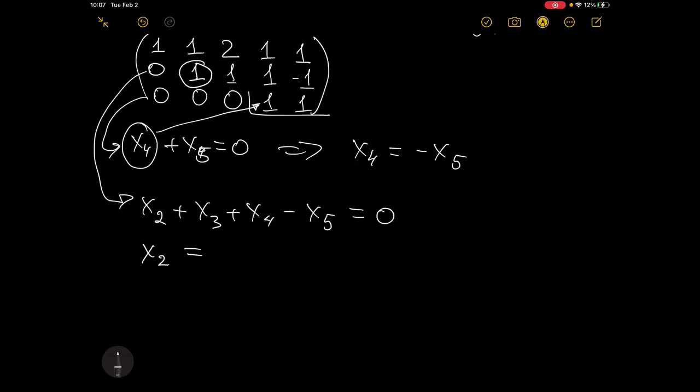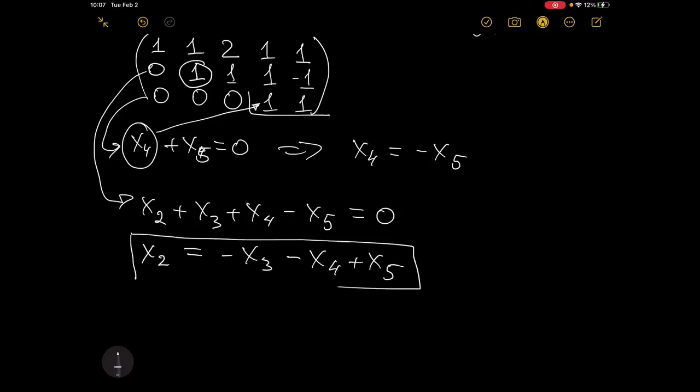Can I ask a question? Maybe it's a little too soon. But we said that x4 is equal to negative x5. So would we plug that into the equation? Not yet. You see, this is exactly what I said in the proof. First, I use the statement that I can express my leading variable through all other variables which are present in the row.